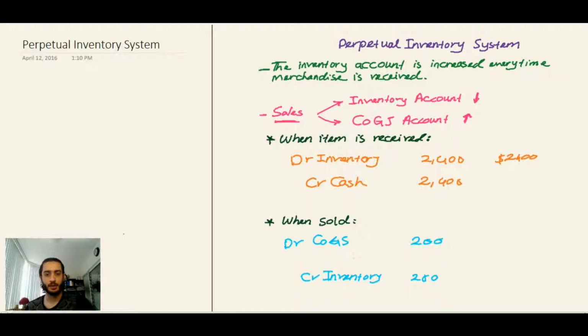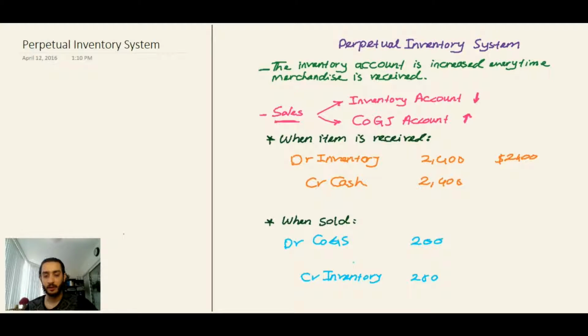And also, because it's a sale transaction, we have to increase the sales account, and we have to increase the cash account, because when we sell goods, we receive money and our sales account will increase, because the sales account will be in the income statement. To increase our net income, we have to increase the sales account. To increase it, what should we do? Debit or credit?